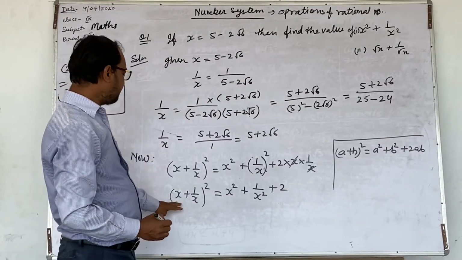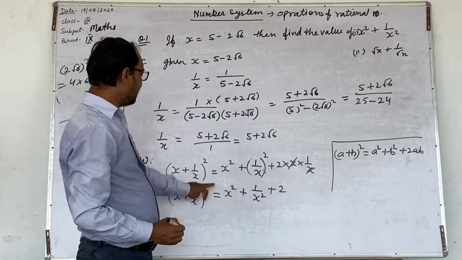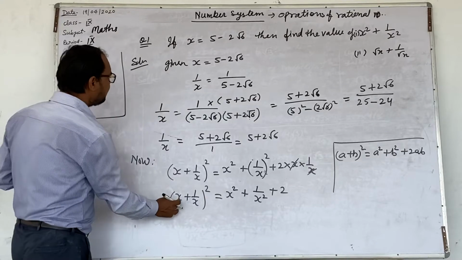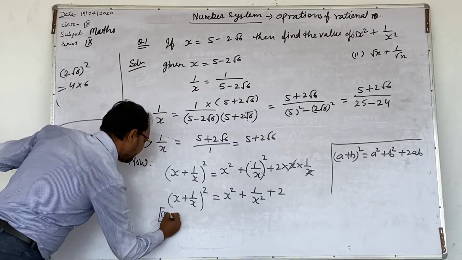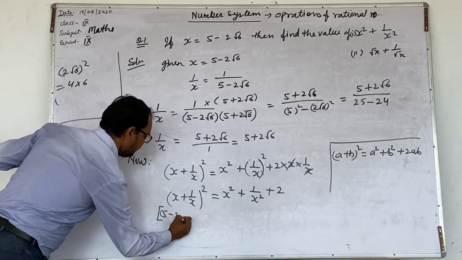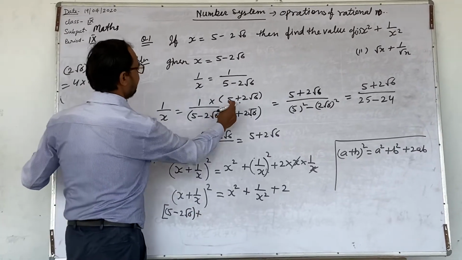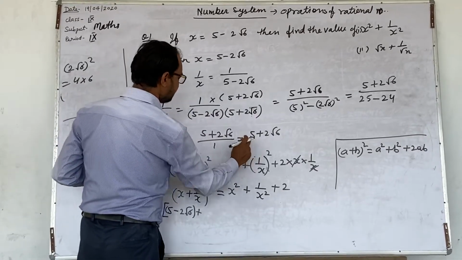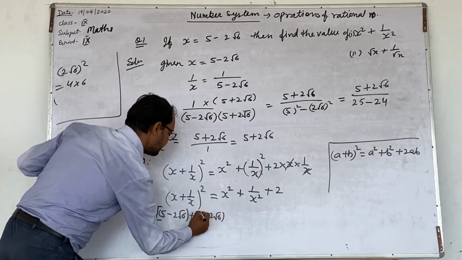Now you can put the values of x and 1 upon x. What is the value of x here? 5 minus 2 root 6. Value of 1 upon x is this, we have solved it: 5 plus 2 root 6.